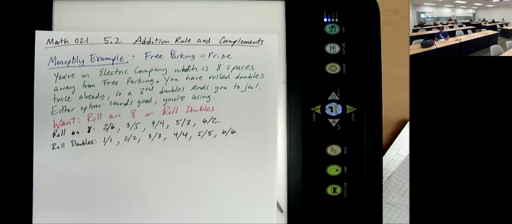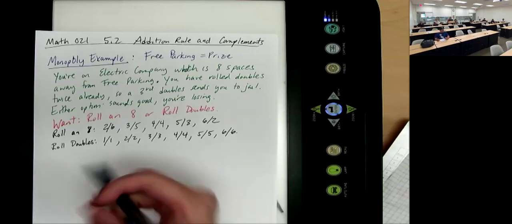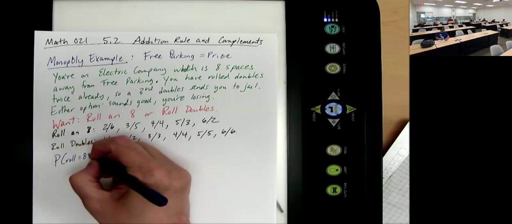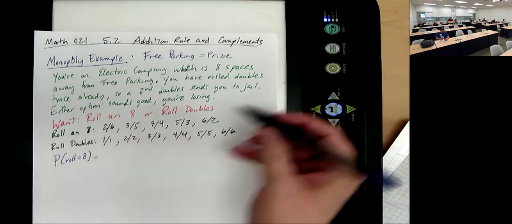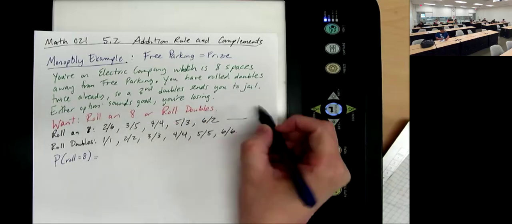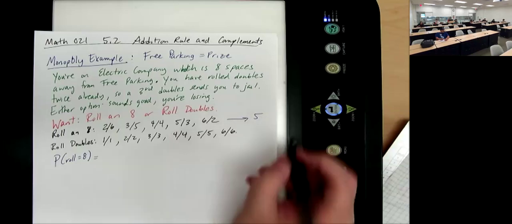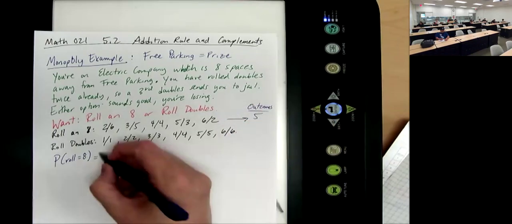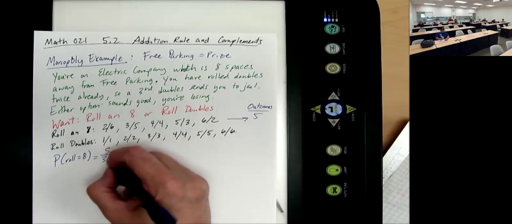So the probability of rolling an 8. How many outcomes do we have here? We've got 1, 2, 3, 4, 5 outcomes. So that would be 5 over the total, which was 36.